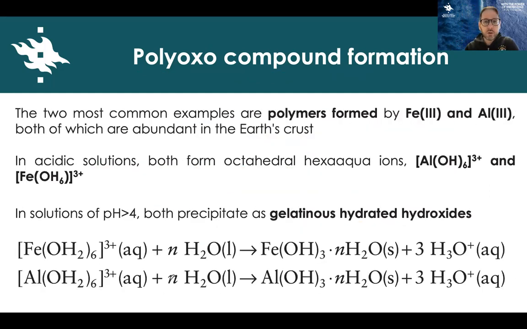So one of these important examples on the formation of these polyoxo compounds are these polymeric species formed by iron 3+ and aluminum 3+ as well, as these species are very common and very abundant on the Earth's crust.